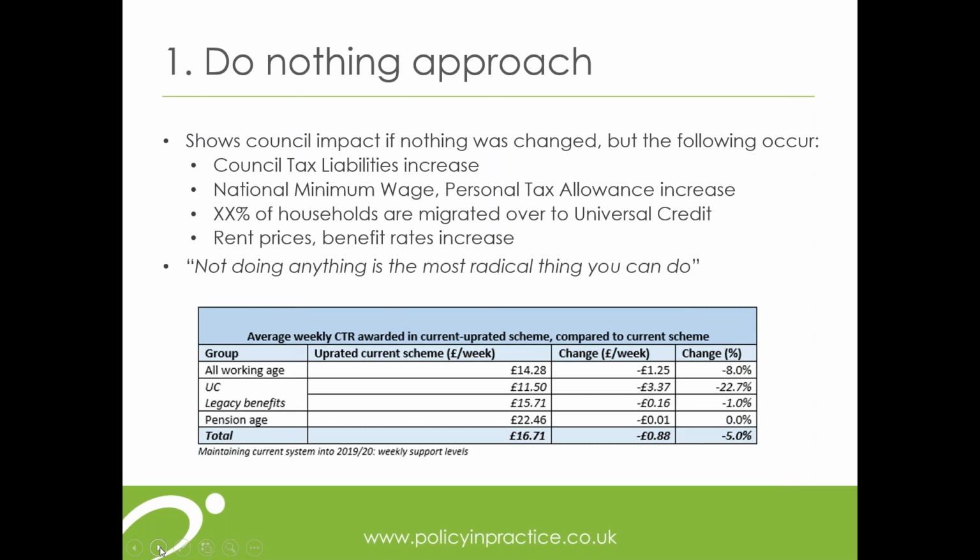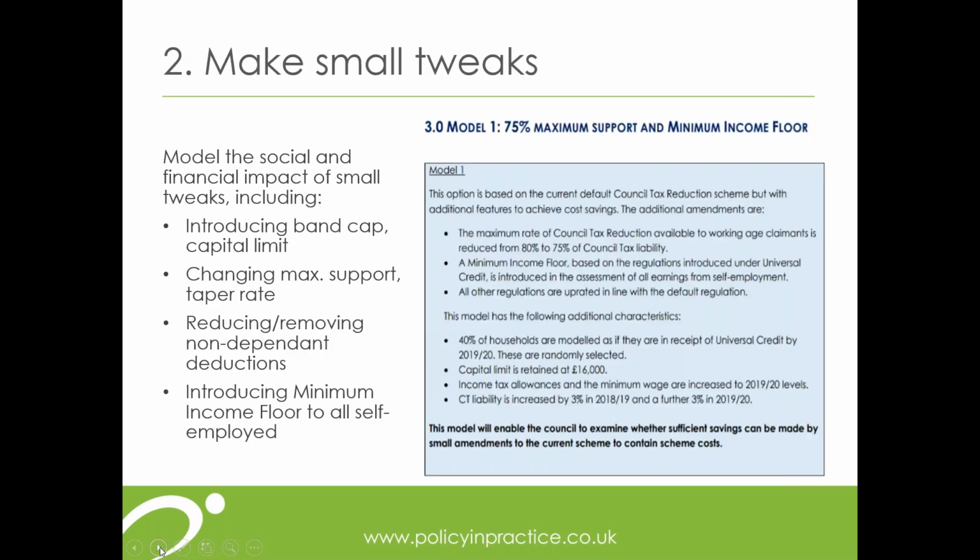So if you move on to the second slide, as we discussed with Allan, we for Barnet provided two models which were based on the default scheme with slight tweaks. These can include a band cap, which we were discussing earlier as well, capital limit decreases, changes to the maximum support and the taper rate, non-dependent deductions, and minimum income floor changes.